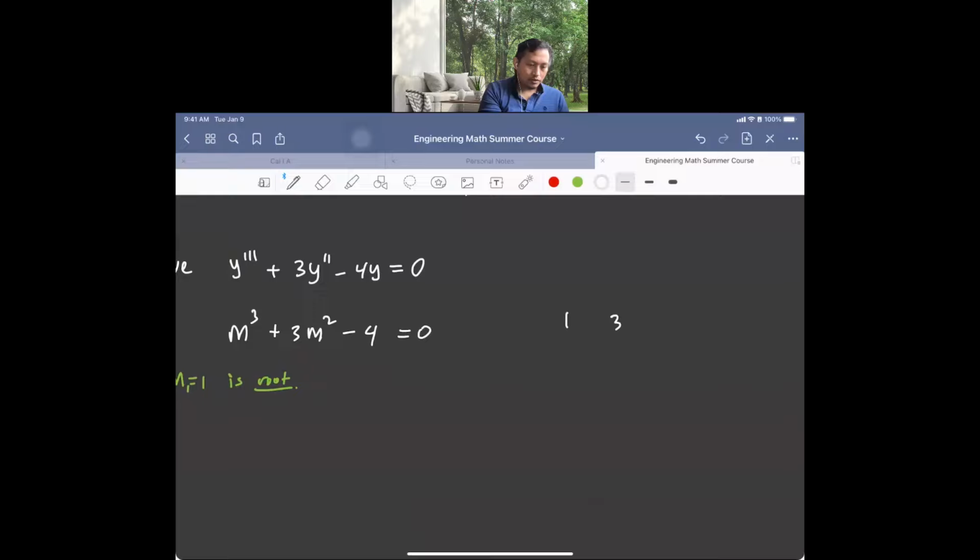So from here we write 1, 3, 0, negative 4, for m cubed, m squared, m, and the constant. Then divide with 1. First we could check through this. This is plus.